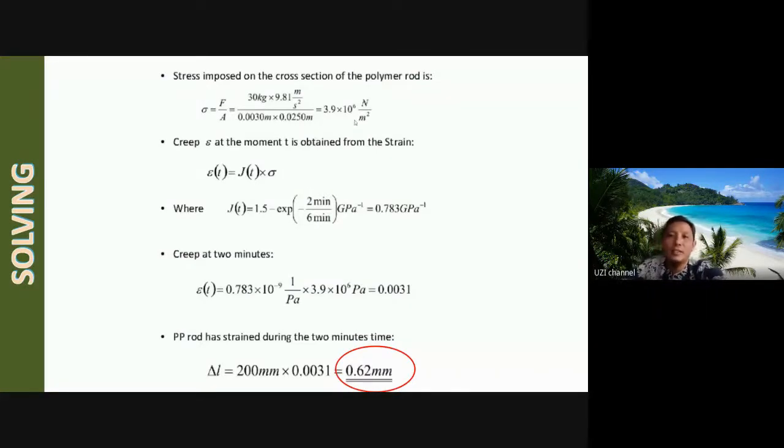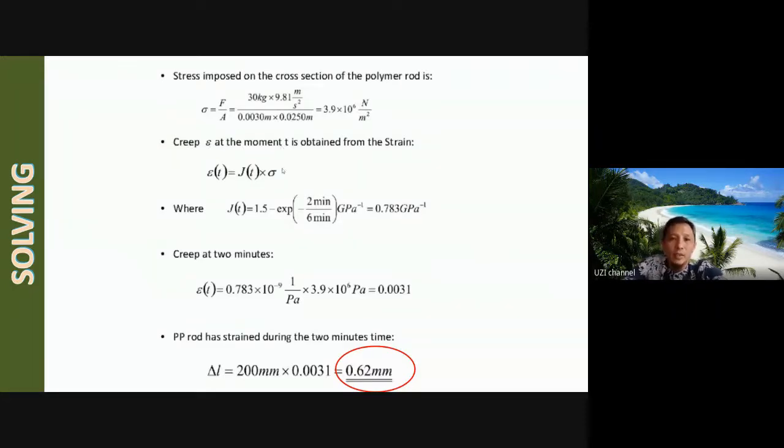We have the stress imposed on the cross section of the polymer. It's like this: 3.9 times 10^6 Newton per square meter.